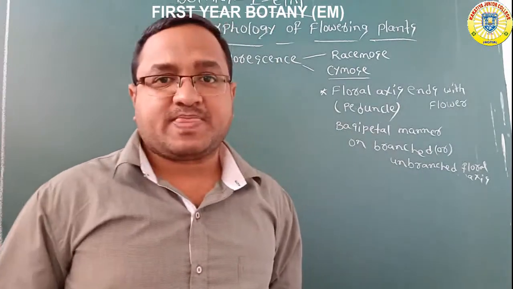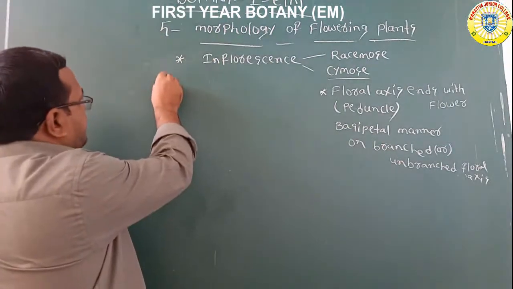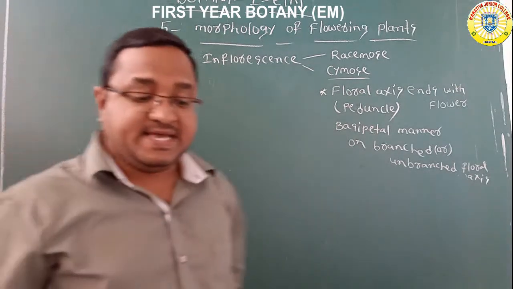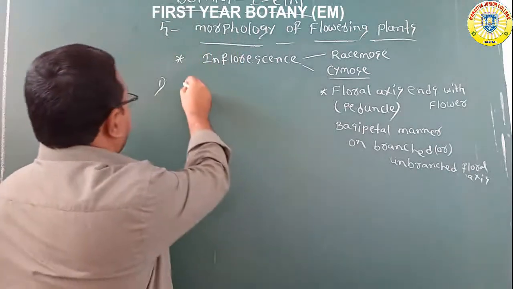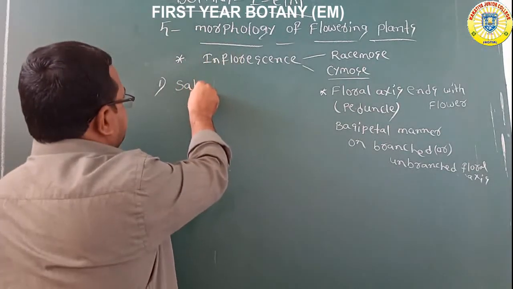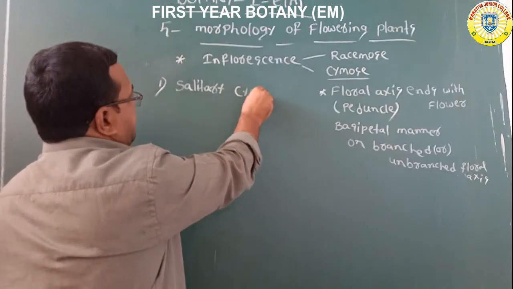Especially here, some types are there in cymose. The first one is solitary cyme, meaning a single flower.